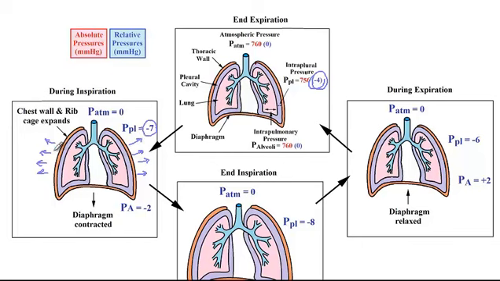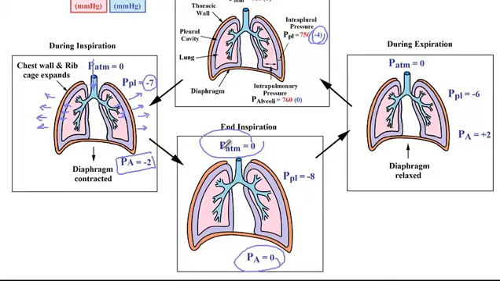As the chest goes outward, the intrapleural pressure becomes more negative, and consequently the lungs will be pulled outward. As the lungs are pulled outward, there would be a negative pressure buildup in the alveoli, and therefore air will enter, because now the alveolar pressure is less than the atmospheric pressure. And so at the end of inspiration, the alveolar pressure is now equal to the atmospheric pressure.